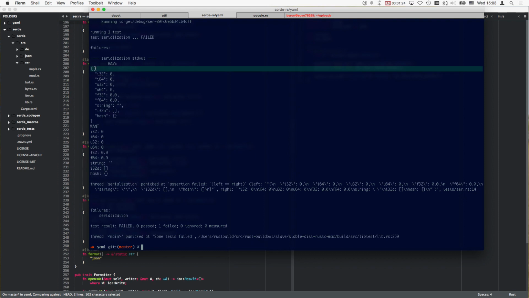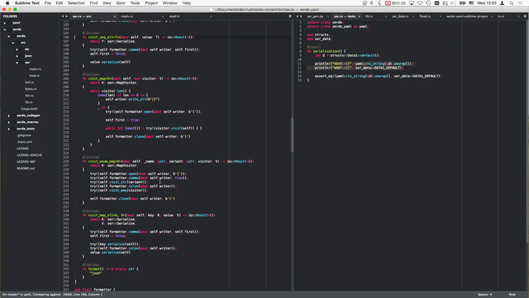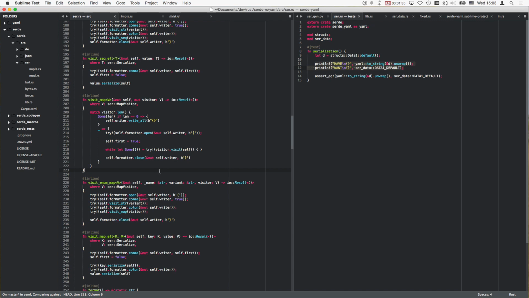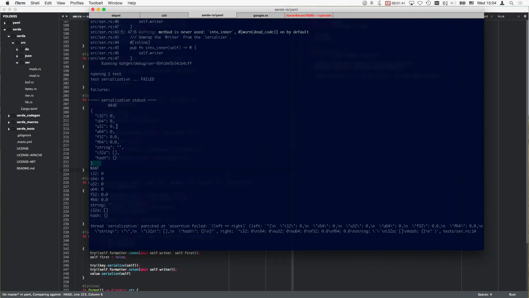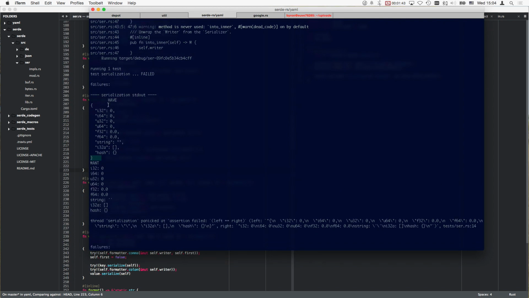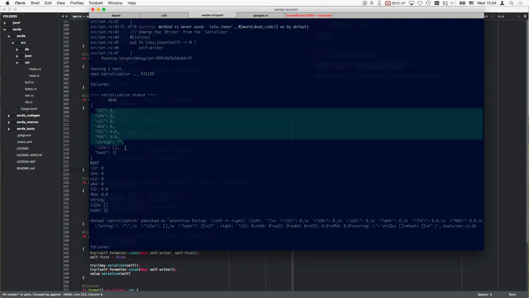So the first thing I would like to do is to get rid of these parentheses here, just to get a bit closer. The problem is that the struct is handled as a named map.